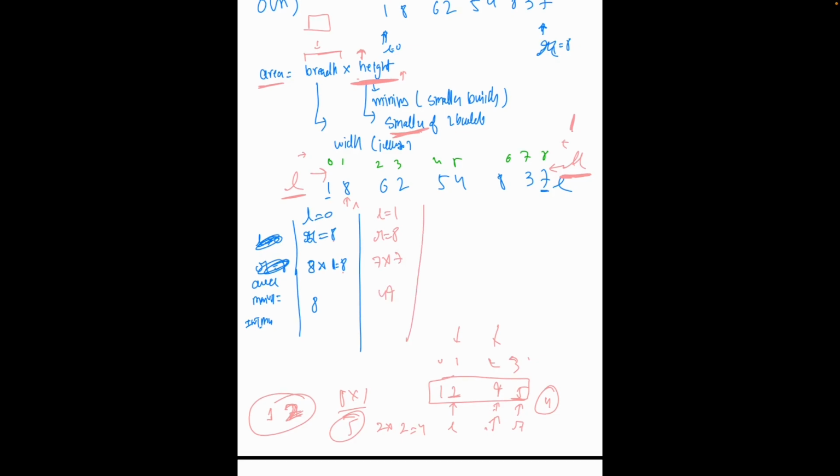What would have happened if we had said L equals 0 and R equals 7? Think about it. 1 will still be the diminishing factor, so the area would have been 1 times 7, which is 7, still smaller than what we got originally. So we should always move the index with the smaller height so that we can maximize this.